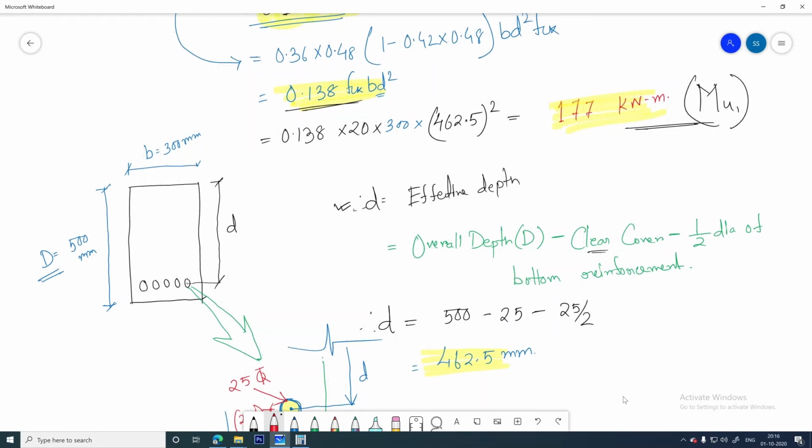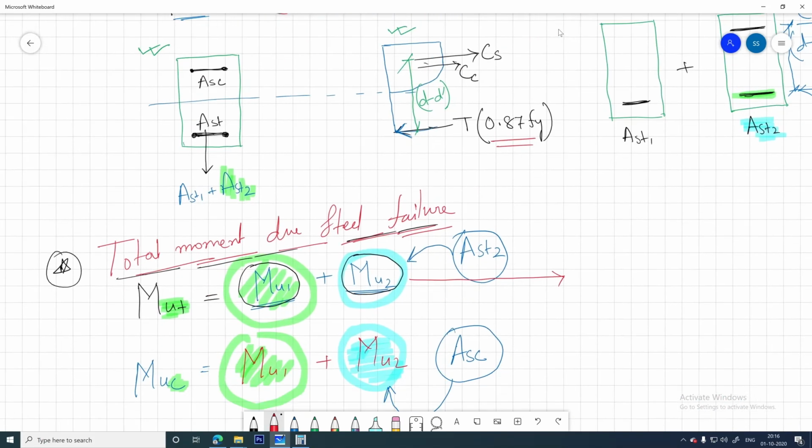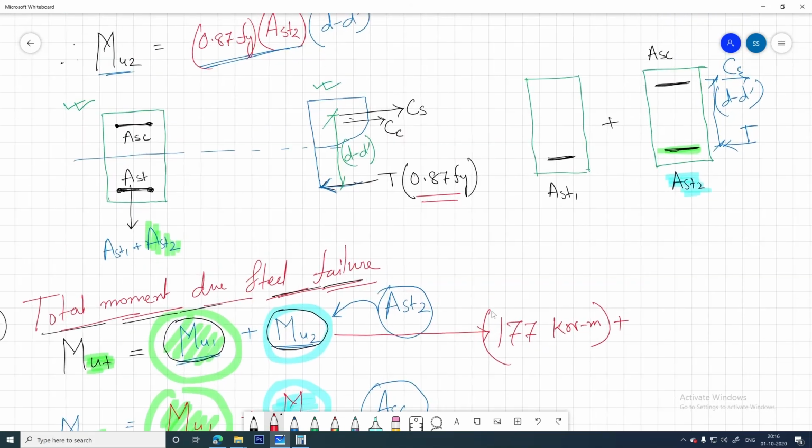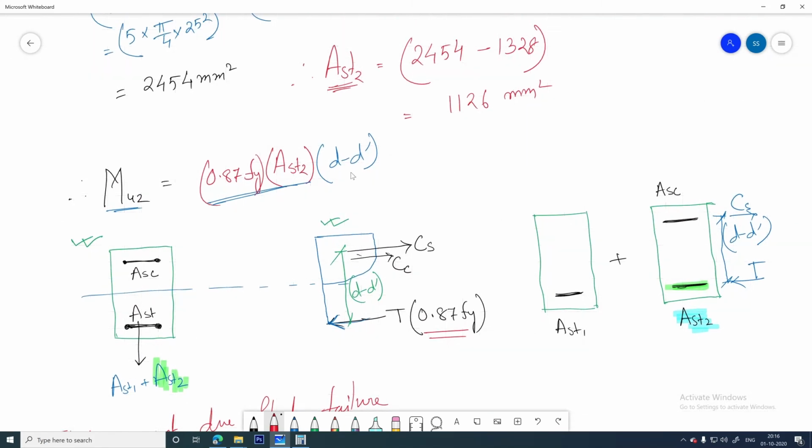Mu1 is 177 kilonewton meter, right? So let us write 177 kilonewton meter plus Mu2, and what is the value of Mu2? Oh, Mu2 we have not determined yet, so let us determine.